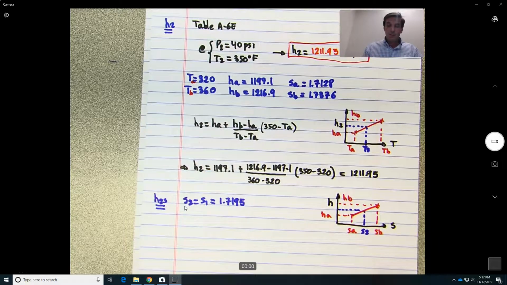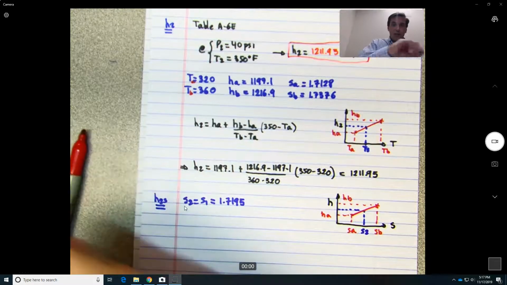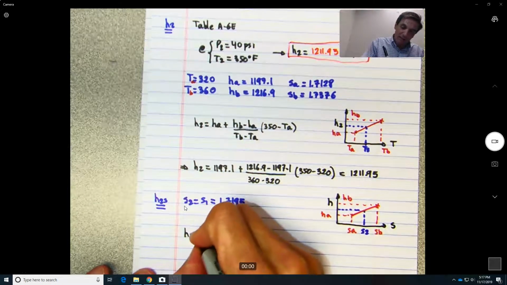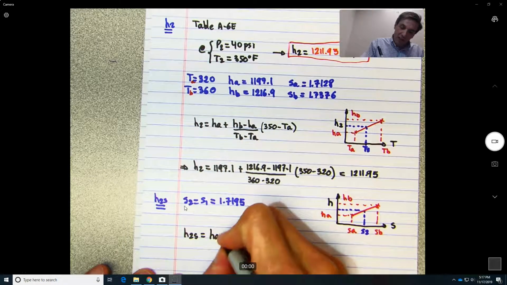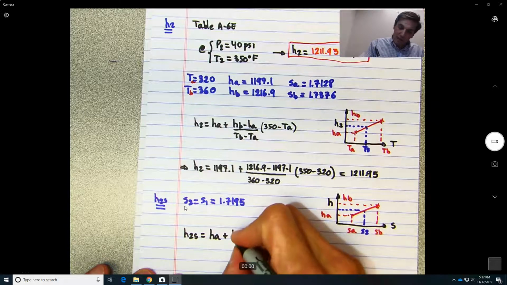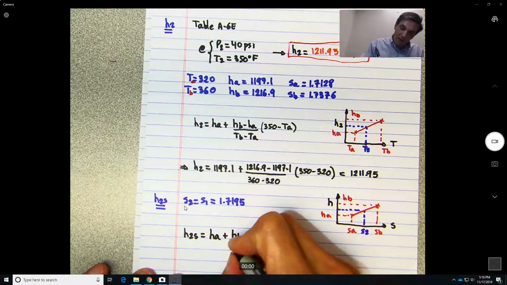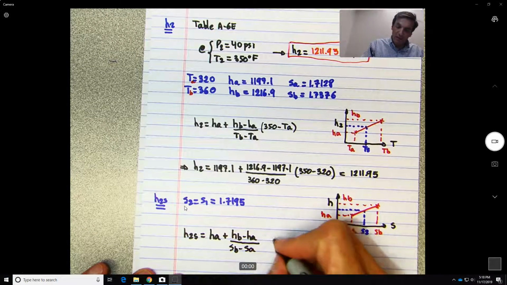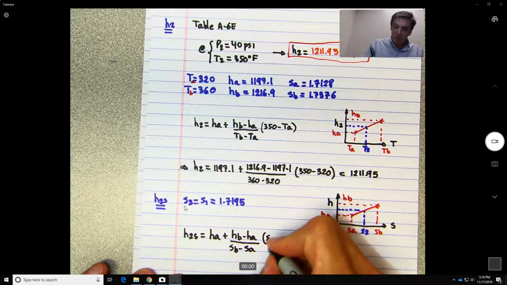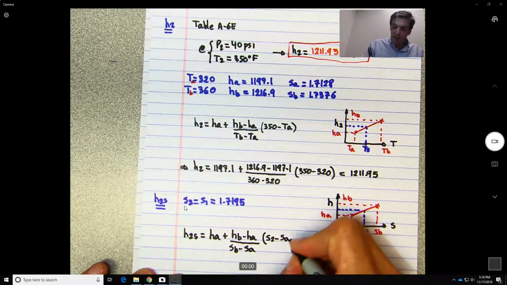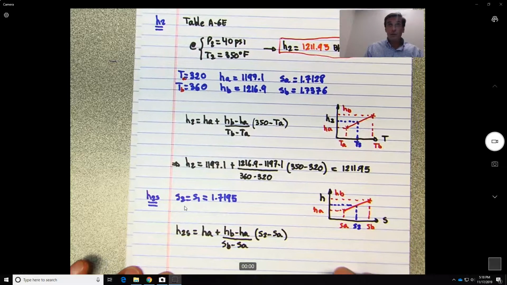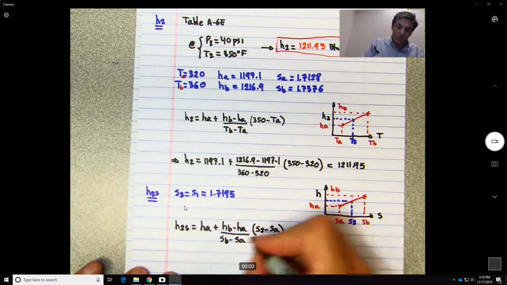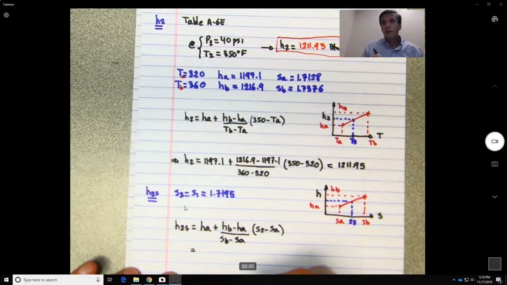Okay, so if I write down the expression for H2S, following exactly the same case as over here, we have H2S equal to HA plus HB minus HA, but this time we don't have the temperatures but the entropies, and this will be S2 minus S sub A. Alright, so if I substitute for the values, what are we going to have?